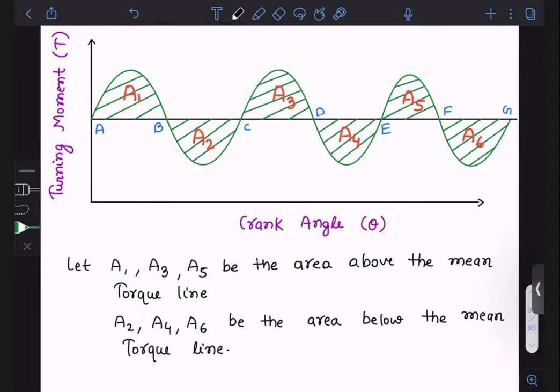Right, below the mean torque line. Correct, my dear?